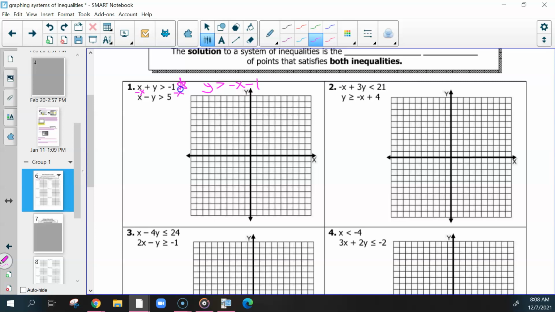And we can graph that. Start at negative 1. Your slope is negative, so go up 1, left 1 as many times as possible. Make smaller points. And then down 1, right 1 as many times as possible.